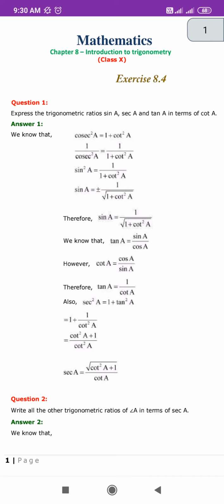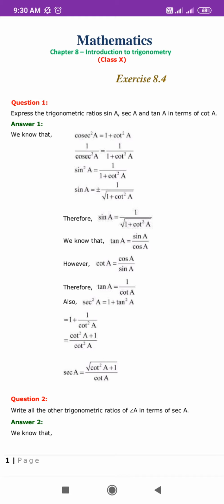The formula is 1 plus cot square theta is equal to cosec square theta. The second was 1 plus tan square theta is equal to sec square theta, and 1 plus cot square theta is equal to cosec square theta.